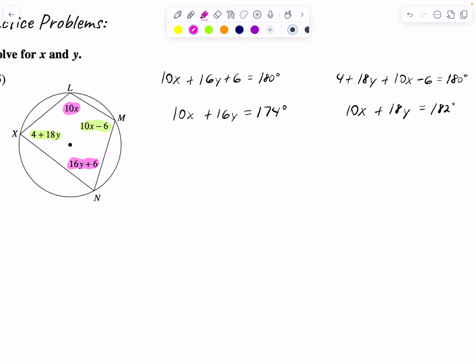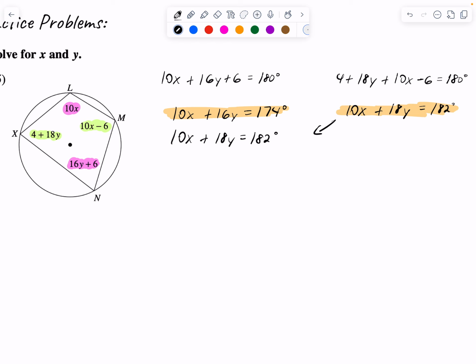Now I'm hoping you'll notice that with both of these equations, we can use the work we practiced in the first semester, where we treat this as a system of equations and solve using elimination. So I'm going to write this one on the right side underneath: 10x plus 18y equals 182 degrees.